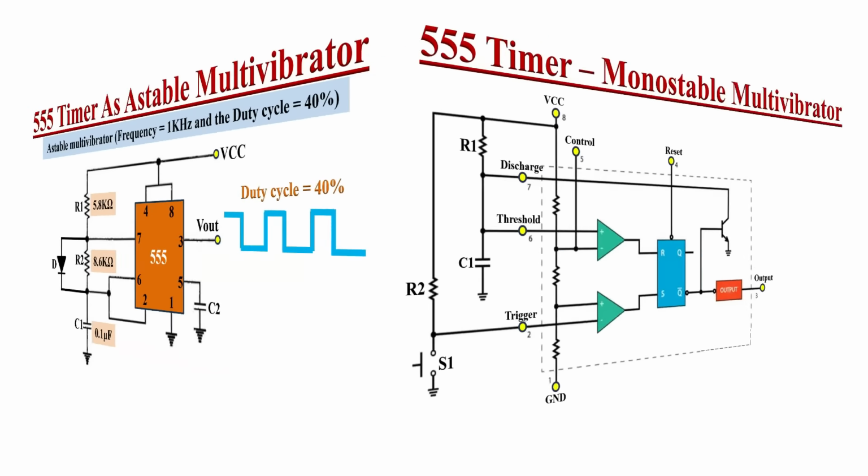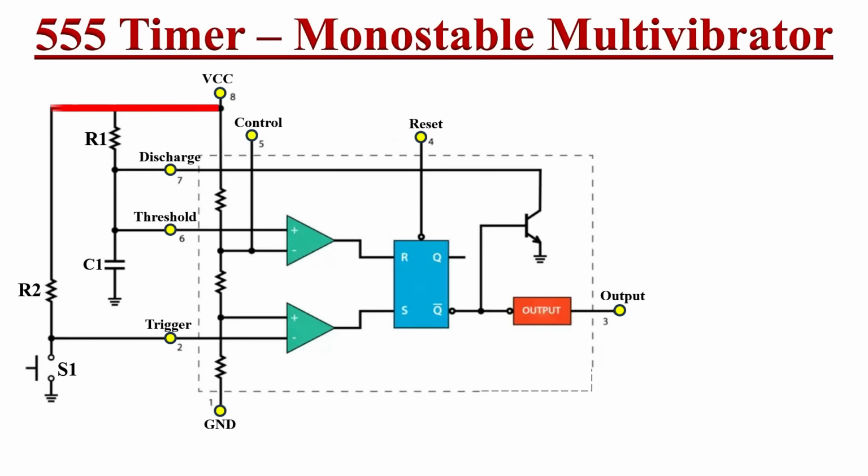We can also design a monostable multivibrator using 555 timer IC. A monostable multivibrator has only one stable state, logic high or logic low. When the monostable circuit is triggered externally, it changes its state for a short duration and returns back to its original state.